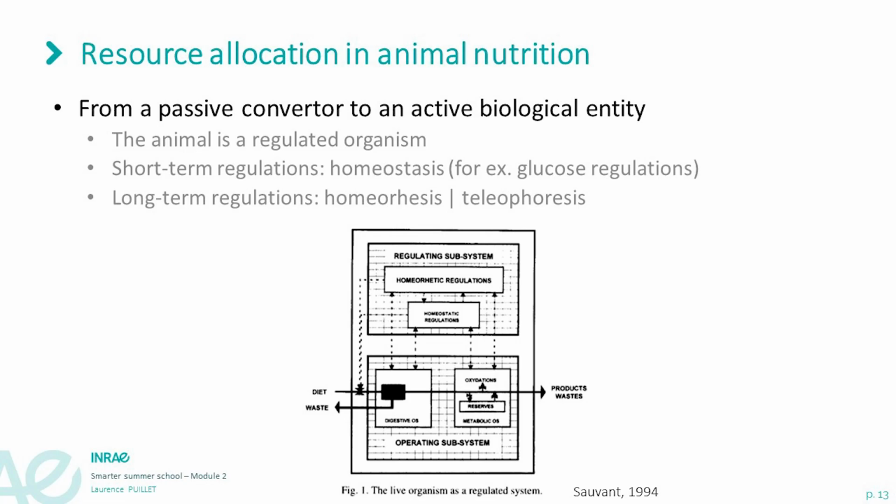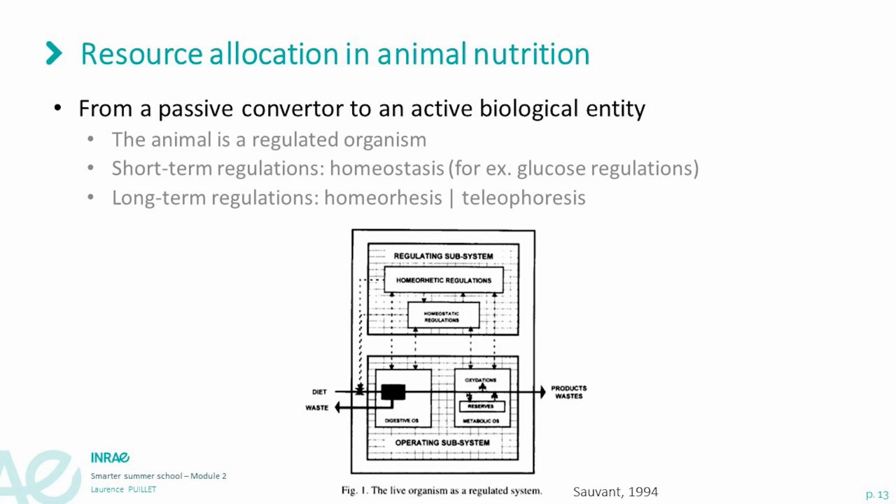And we finally moved from this view to looking at our animals much more like an active biological entity, and to consider that, no, it's not only a stoichiometric relationship between elements, the animal is regulated. And that's a scheme that tried to summarize it.